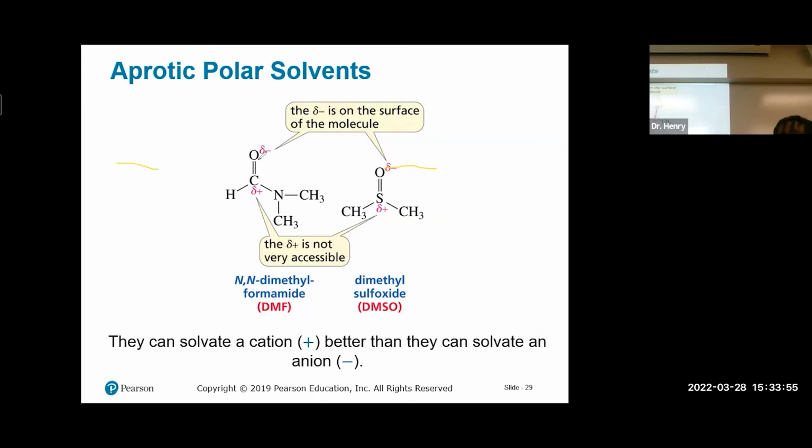The oxygen is going to get the partial negative charge, and the carbon is going to get the partial positive charge. In the DMSO, the oxygen gets the partial negative charge and the sulfur gets the partial positive charge. And the interesting thing is that in this case, the methyl groups are going to interfere with the nitrogen being able to have any effect on it as well.